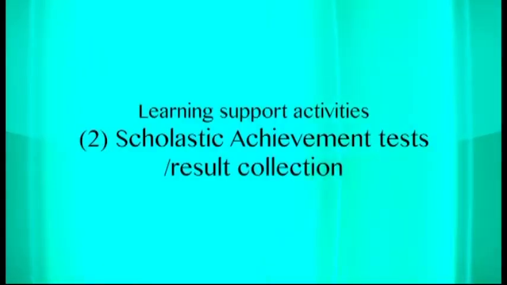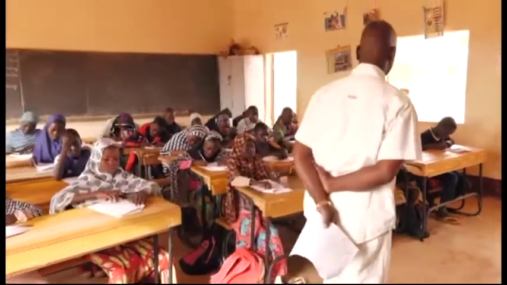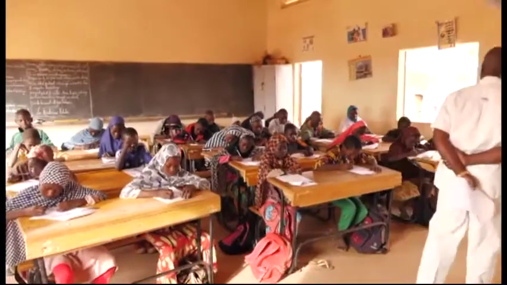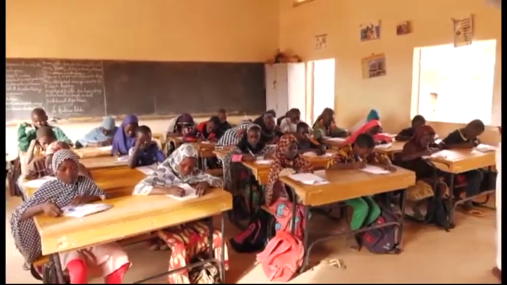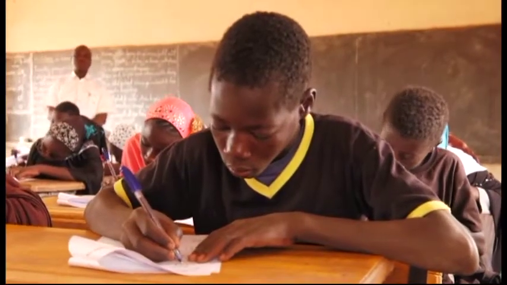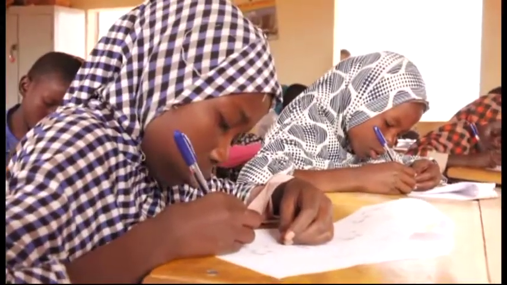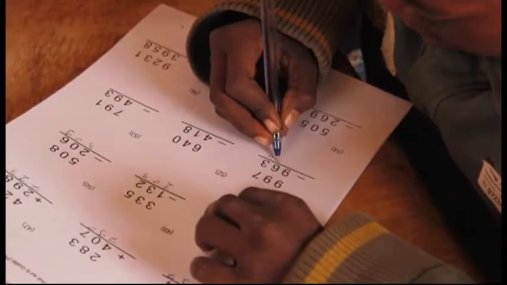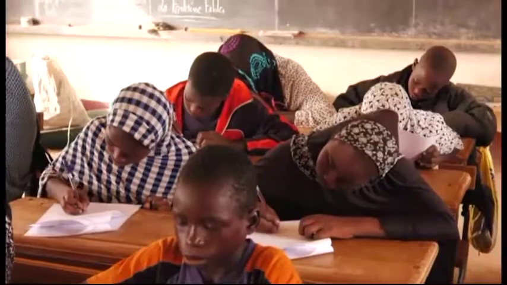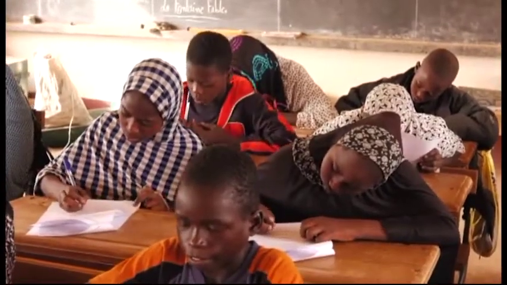2. Scholastic achievement tests, result collection. Next is Scholastic Achievement tests, which are the starting point for the plan. This is a tool which points out the problems with each child's scholastic achievement, so that those problems can be shared with parents and community.